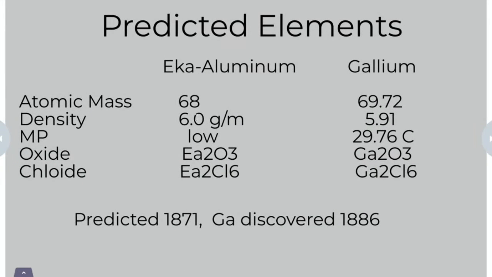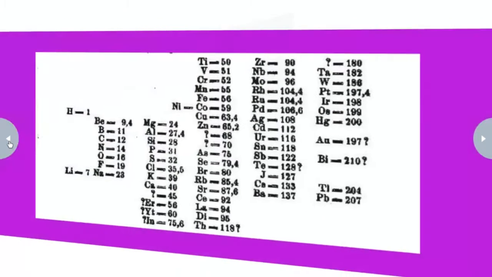And he called these elements with different prefixes. But the ones that he predicted next we called Eka. Eka aluminum, which was the one he said was like aluminum, right? So he lined this up. He said it's going to be like aluminum. So here's aluminum.